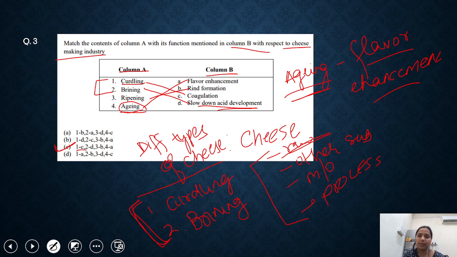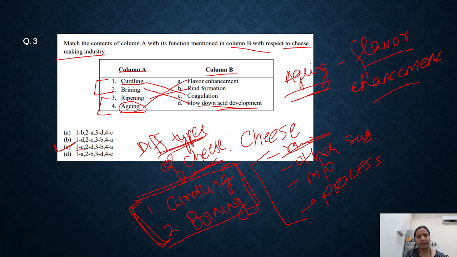All the changes for making different types of cheese are done in these steps itself. In the later stages, the third and fourth, mainly the ripening and aging of the cheese occur. So when you want to make different types of cheese, changes in these two processes are required. The later steps, ripening and aging, are almost the same in all types of cheese. Okay, so for this question, the answer is C.